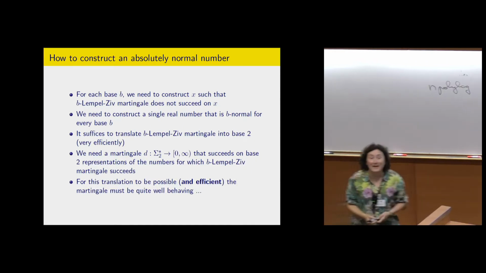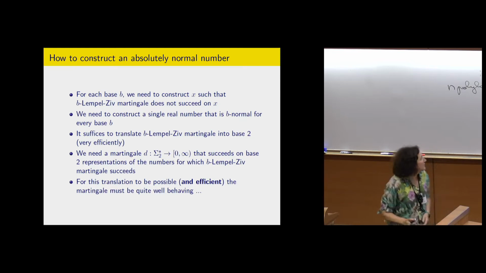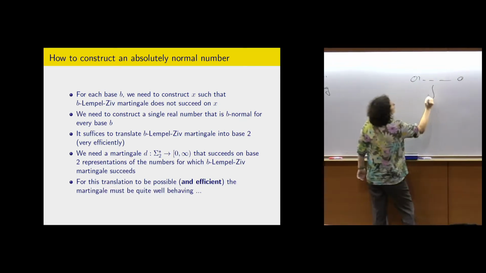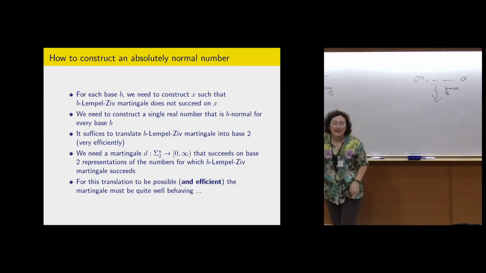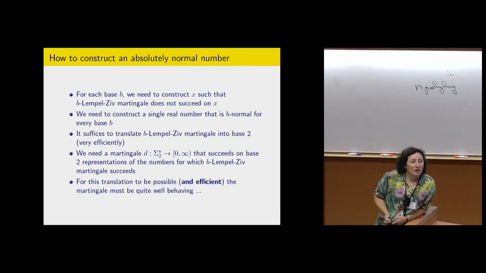In particular, base change is not so easy. It seems like a very easy operation, but if you think about it for a minute, imagine that you're given an infinite binary sequence and you want to change it to base 3. It doesn't seem complicated, but often you will have two choices that you need to keep until the very end.